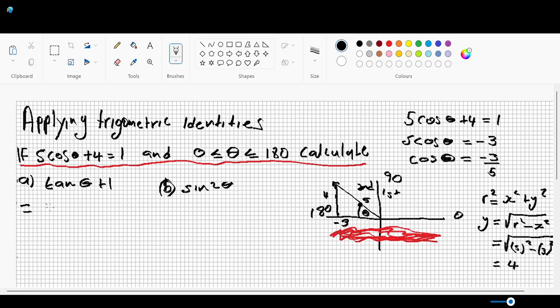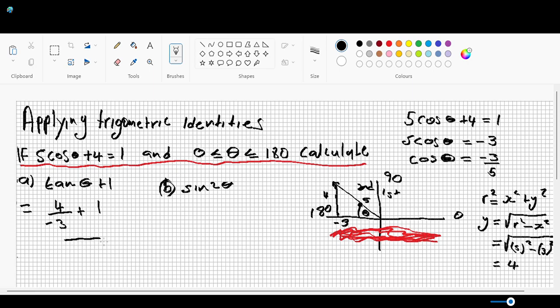From our trigonometric ratios, we know that tan is equal to opposite over adjacent. Now what is our opposite here? So our opposite is going to be 4, and then what is our adjacent? Remember, our adjacent is going to be negative 3, plus 1.